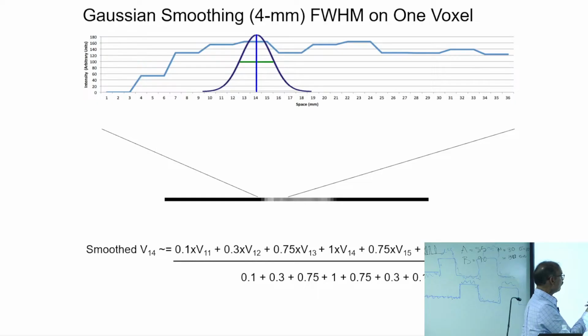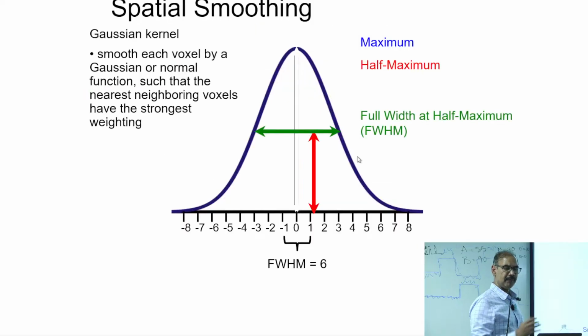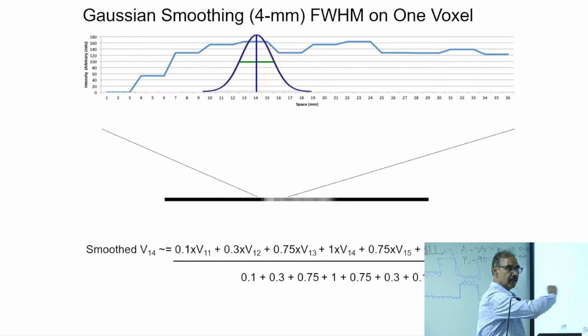So we have a Gaussian kernel which has several parameters, and then we are convolving this with the entire line of the image. Okay.